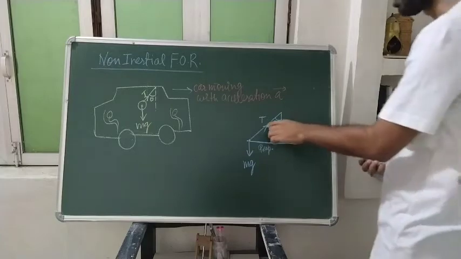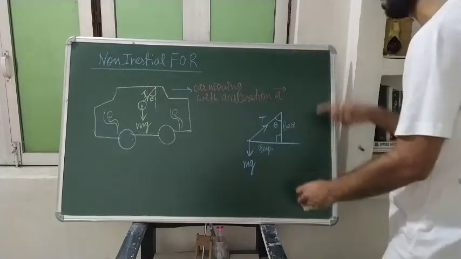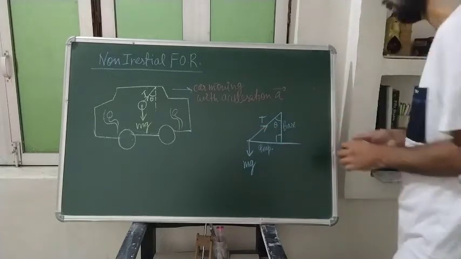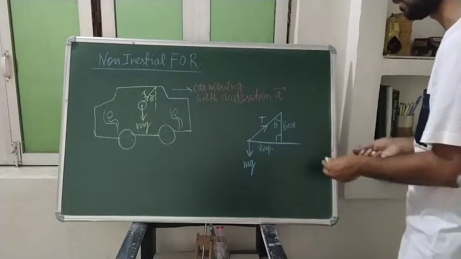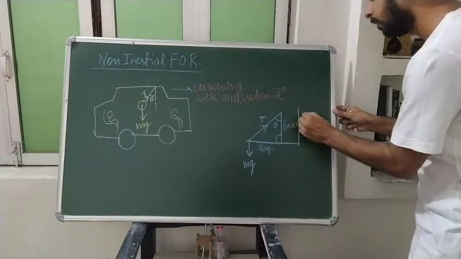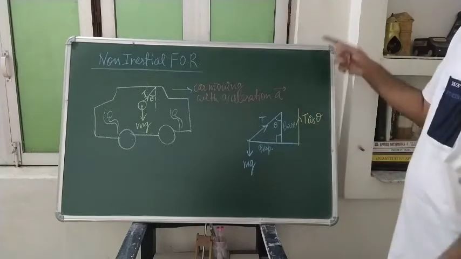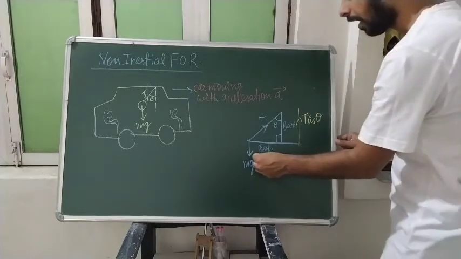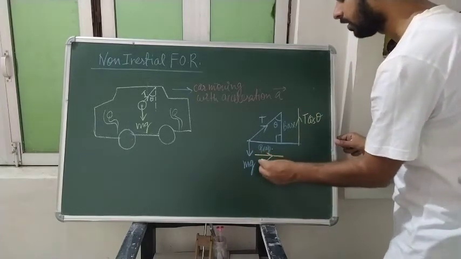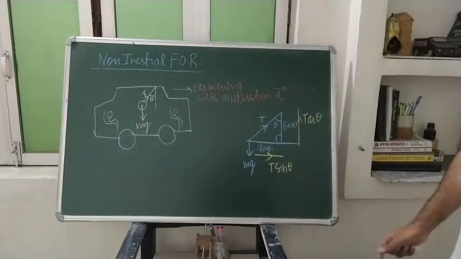When you resolve this tension in the horizontal and vertical directions, you will have T cos theta along this direction and T sin theta in this direction.